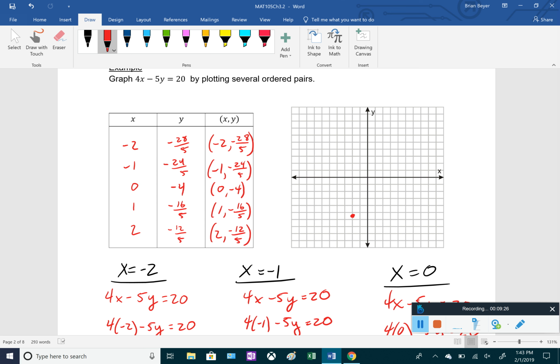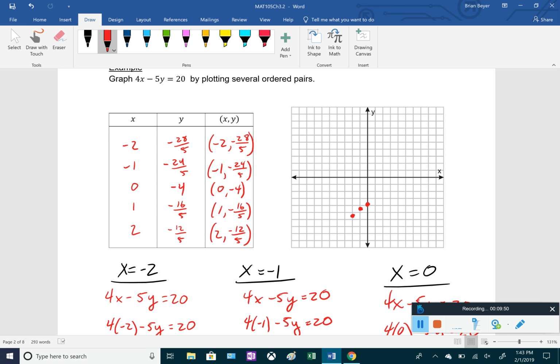Next, for the next coordinate, we're going to have -1, comma -24 over 5. So we go to the left 1, and -24 over 5 is about -4.8. That would put us about right here. Next, we have 0, -4, which is going to be right there.